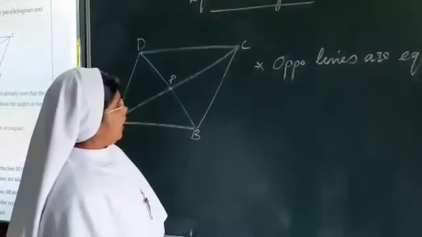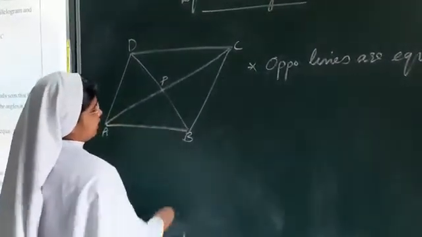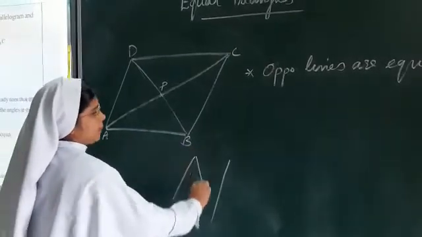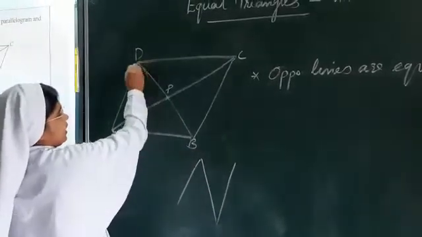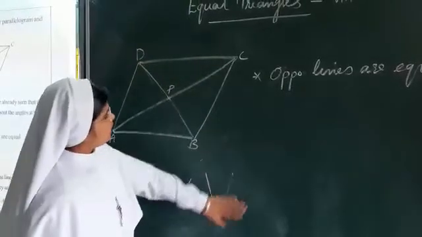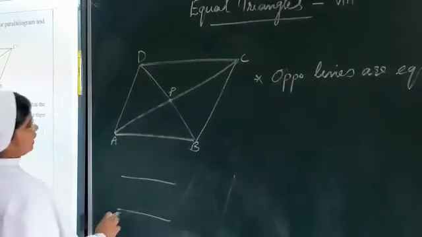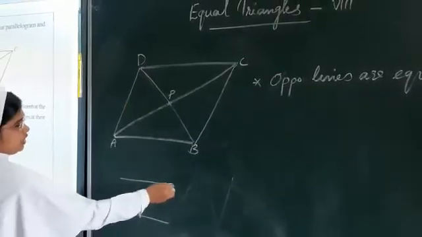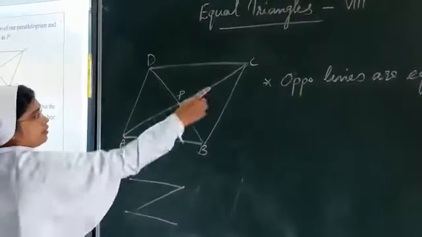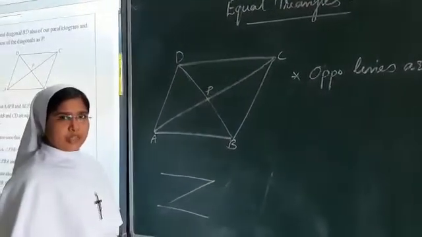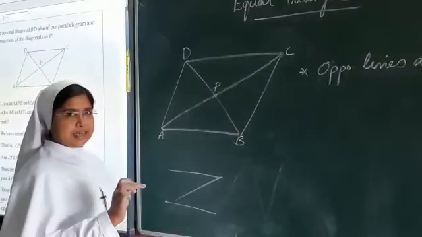Another thing is that when two parallel lines are cut by a third line, you can see in this example, the parallel lines AB and CD, when cut by another line, the alternate angles are equal. So this also we had learned in the last class.